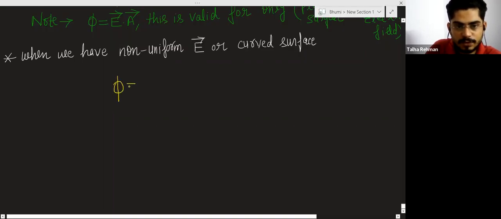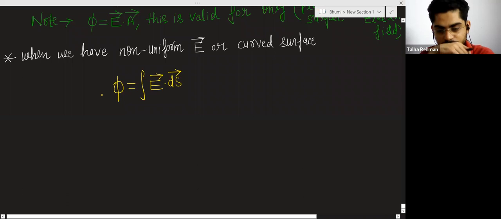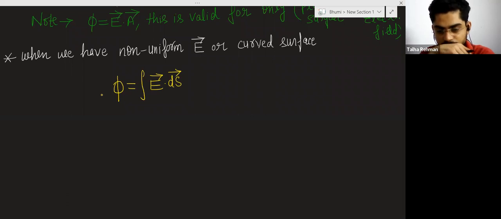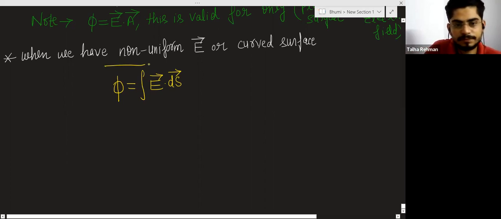Phi is equal to the integration of E vector dot dS vector. Do you have any idea about integration? Have you heard the name integration, Bhumi?